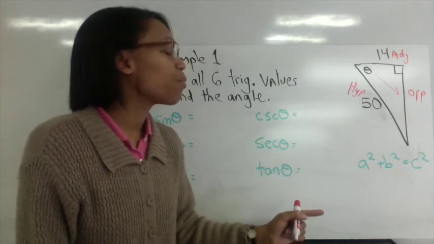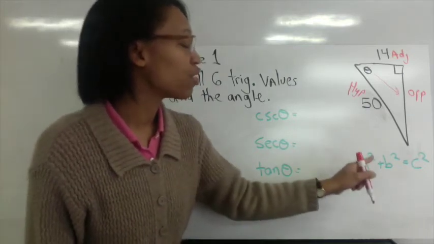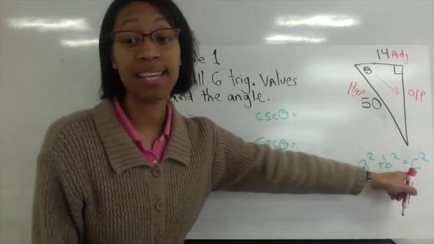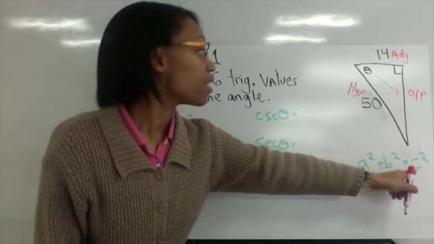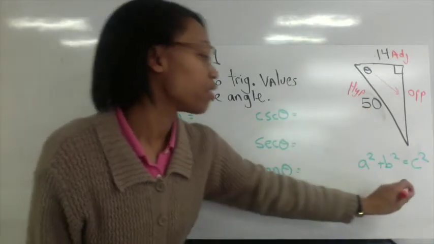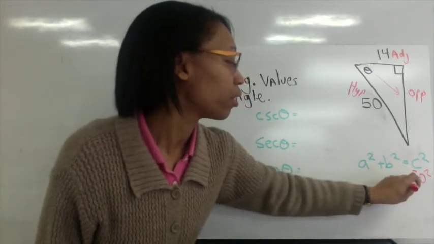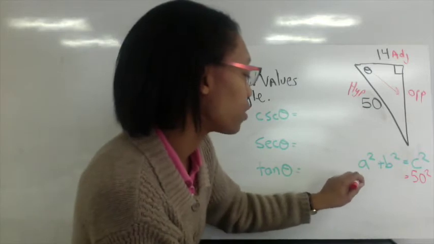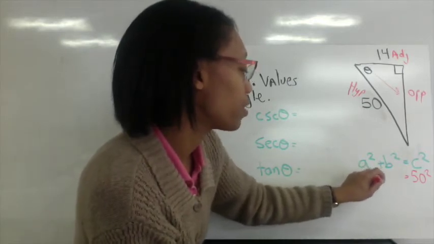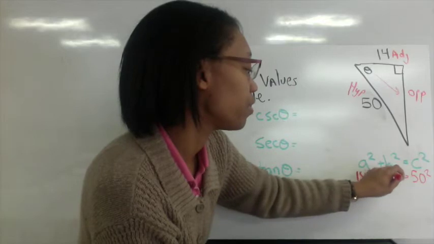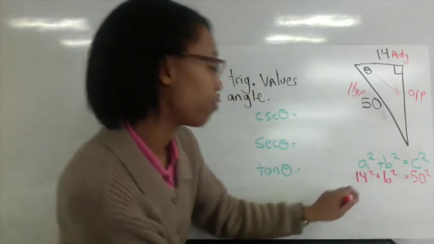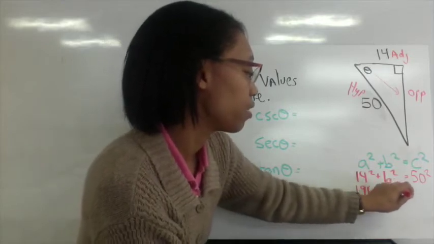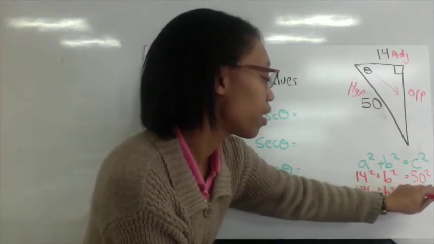I'm trying to set up the Pythagorean theorem. Which number should I plug in? There's only one that really matters, and that's the value of c. C has to be the side that's the hypotenuse. So in this case I know my hypotenuse is 50. And then it doesn't matter which one I let be a and b. Let's say 14 is a. So I've got 14 squared plus b squared equals 50 squared. 14 squared is 196, plus b squared equals 2500.